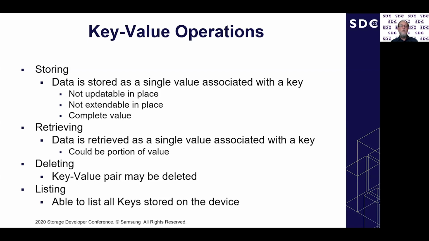When you do a write or a store of a key value pair, if you have a power fail in the middle of that, when you come back, you will either get all of your original key value pair that was there, or you'll get all of your new key value pair that was there, but you won't get a mixture of that. That's one thing that by not making it updatable, not making it extendable, and writing a complete value simplifies the ability to provide an atomic operation.